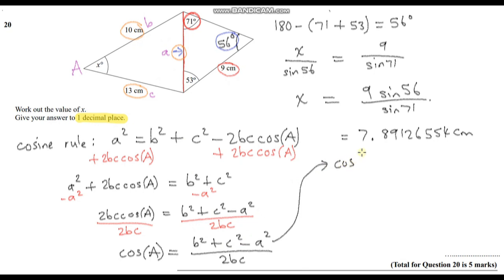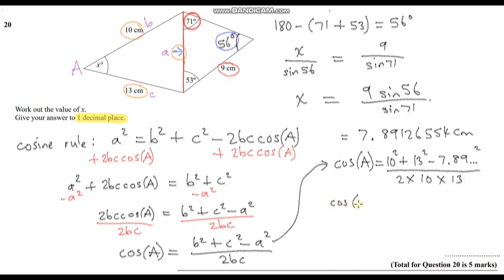So the cosine of A is going to be b squared, so that's 10 squared, plus c squared, so 13 squared, minus a squared. We said that a was this number here, 7.89. I'm just going to put dot dot dot squared, and it is still saved in my calculator, so I can just put answer squared when I type this in, and then all of that divided by 2 times 10 times 13.